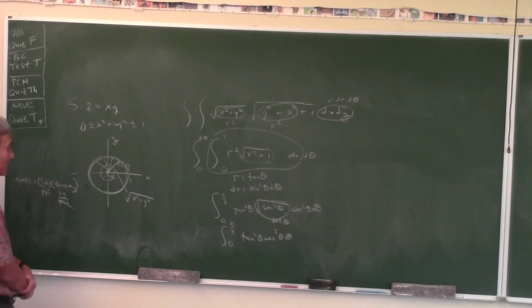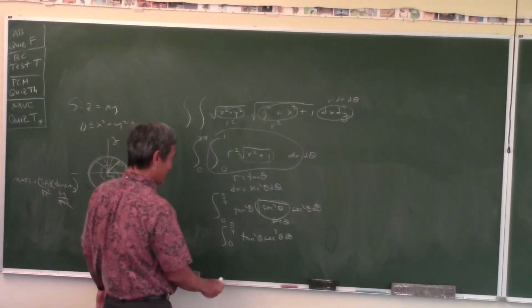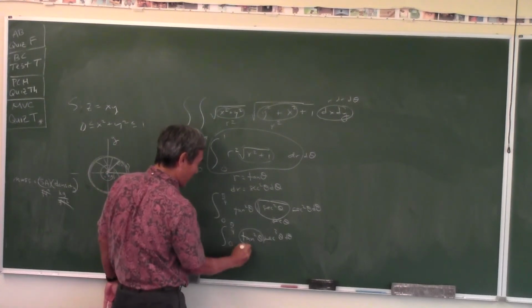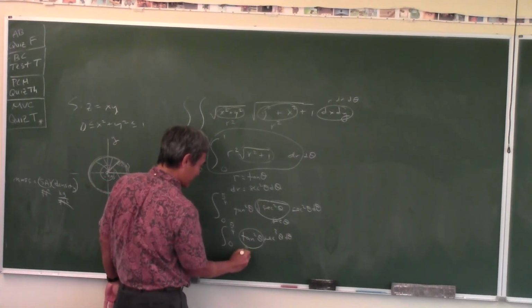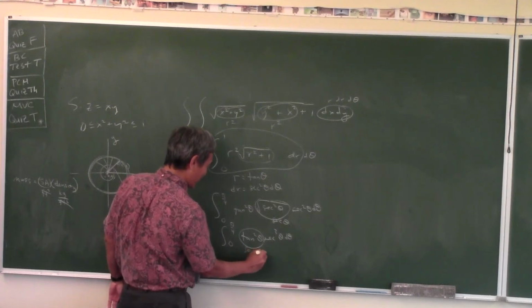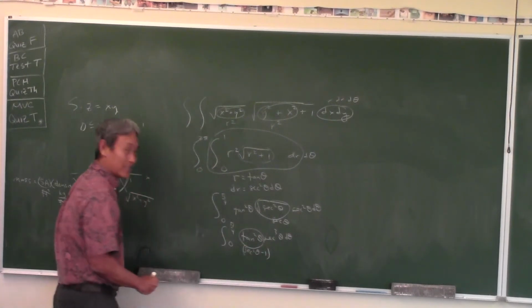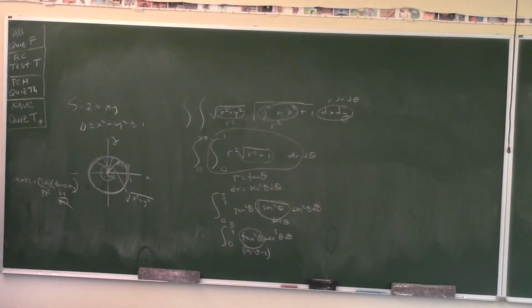Okay, this is what I'm thinking is going to have to happen. You're going to have to change that tangent squared to secant squared theta minus 1. See, in the book, let me show you what the book does. The book just assumes you guys can integrate this.